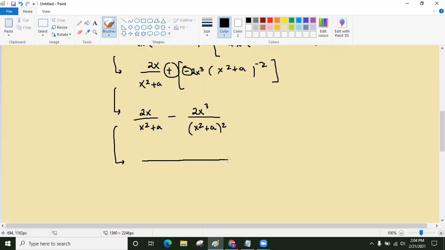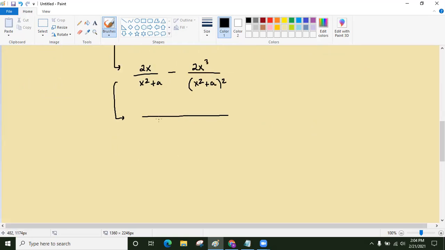And then, of course, we take the common denominator between both, and we get x squared plus a squared, right? And essentially, the idea here is now to multiply this by what its denominator is missing from the common denominator that we've deduced.